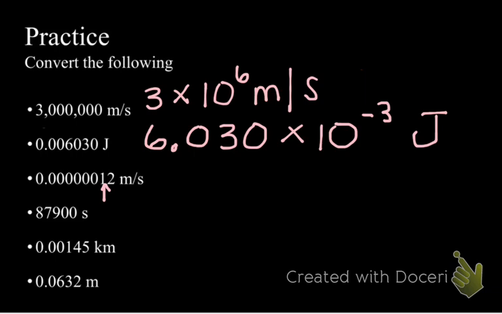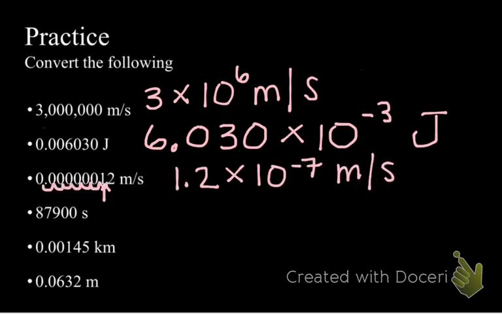So I counted 7 places from the decimal to right after the first non-zero number, which is 1. So the scientific notation would be 1.2 times 10 to the -7 meters per second.